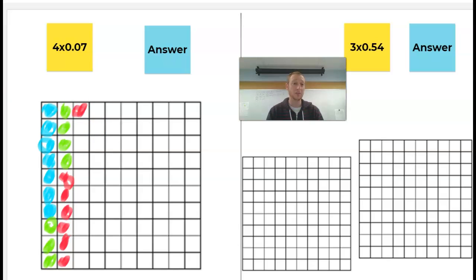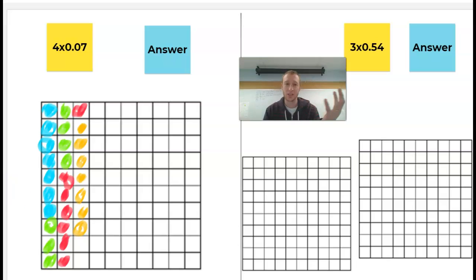So there's 7 hundredths times 3. I need to do it one more time, right? 7 hundredths times 4. So last color. 1, 2, 3, 4, 5, 6, and 7. So there it is, 7 hundredths times 4.